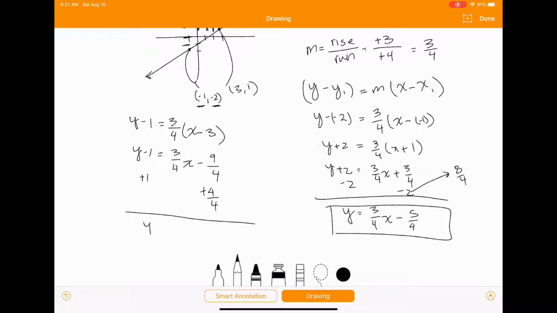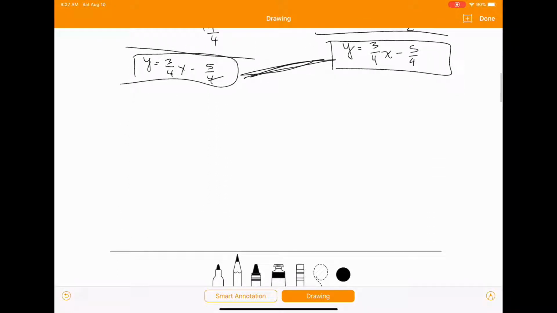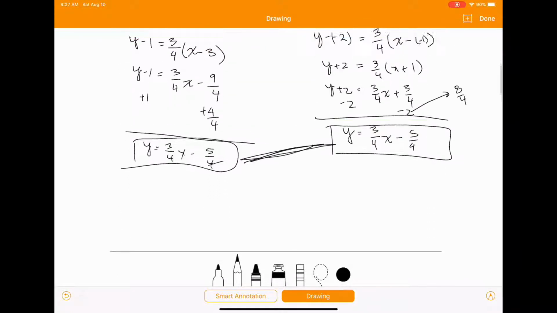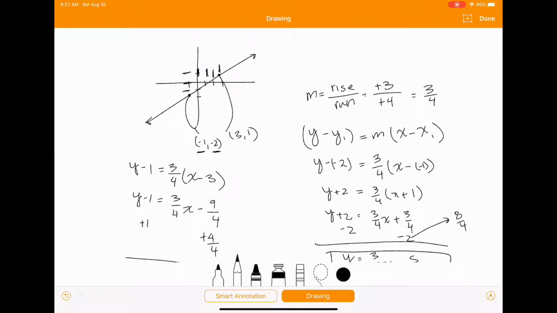So we're going to get y equals 3/4 x minus 5/4. Right, so these end up being the same thing, so it doesn't matter which point you use. All right, so that's how you would come up with the equation of this function if you're given 2 points on a graph.